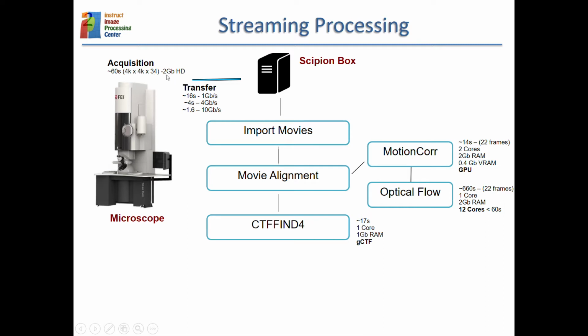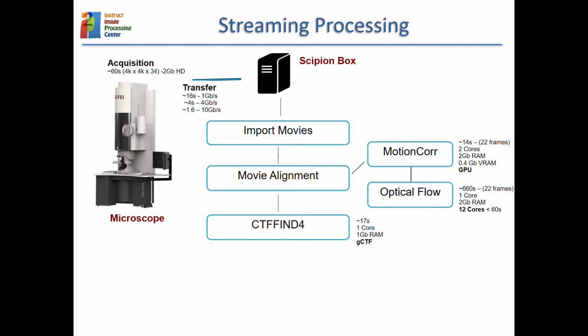This takes around 2 gigabytes on a hard disk. Then you have to transfer that to a computer, and that computer starts processing it. The process is streaming, in the sense that a new movie appears, then a new movie is transferred, and the processing of the first steps of the acquisition starts.